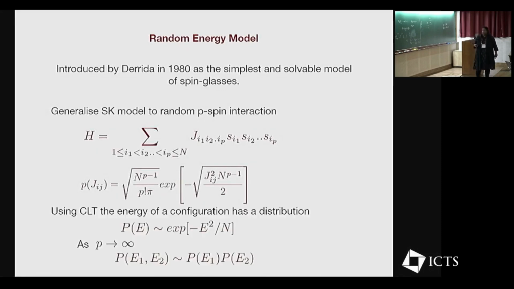One can show, using the central limit theorem, that the energy of any configuration has a distribution which looks like this. And interestingly, when one takes the limit p going to infinity, one can also show that the energies E_i are IIDs, because P(E1, E2) is just a product of P(E1) and P(E2).